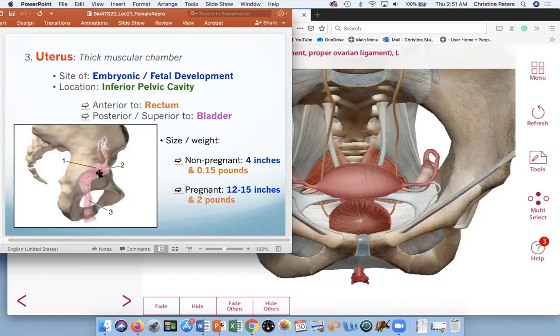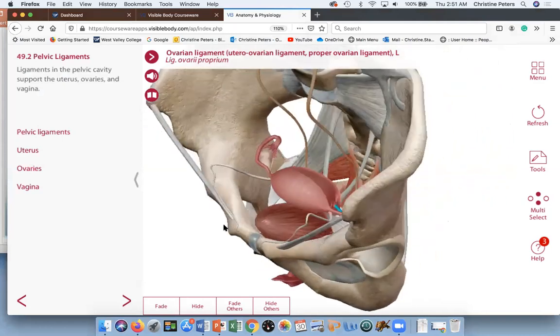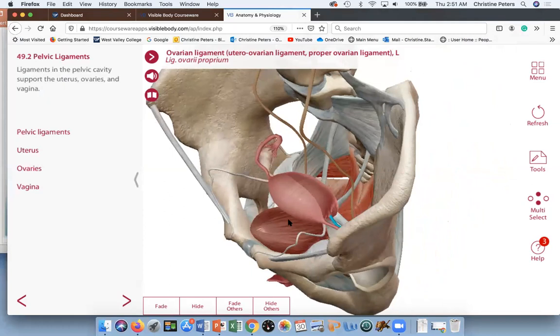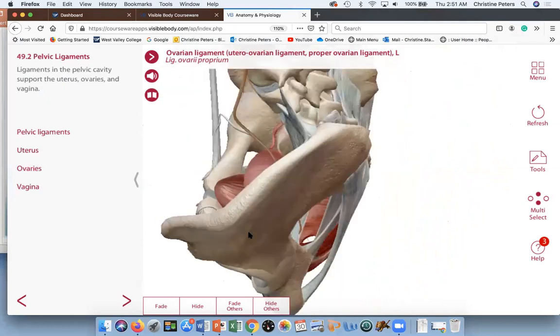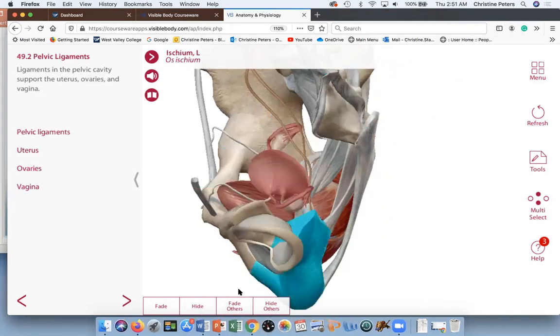All right, so this is looking at the uterus, and then again we can look at this view. I kind of twist it around, and I can see here, here's my bladder, and there's the uterus kind of tipped forward. Maybe if I hide my pelvis here, I can see a little bit better view.